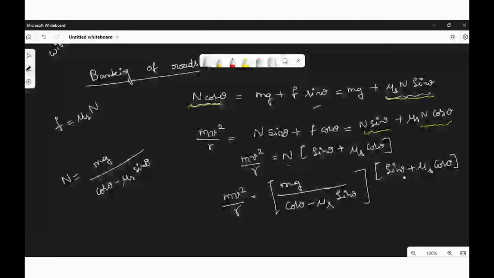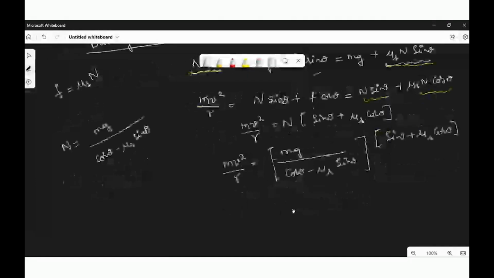It's sin theta plus something, here minus mu s sin theta, and here some cos theta. It's not in the product form. So what you get: mv square by r is equal to mg times sin theta plus mu s cos theta, divided by cos theta minus mu s sin theta.